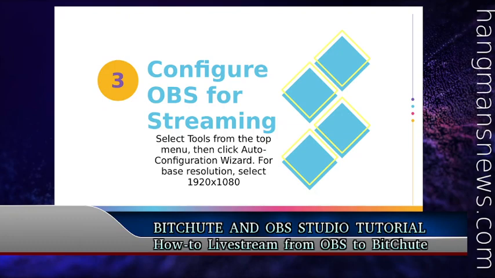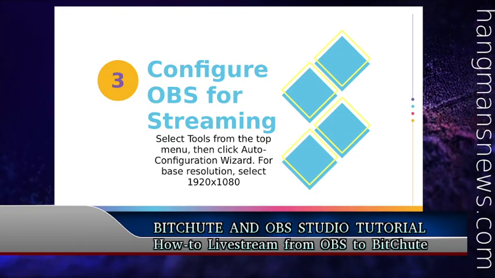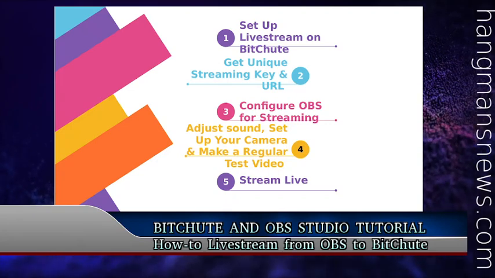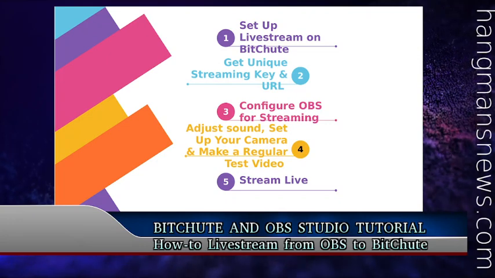So, yeah, let's recap. First we set up the live stream on BitChute, right? The thumbnail, the title, description. Once you're done with that, you click save, you get that key.